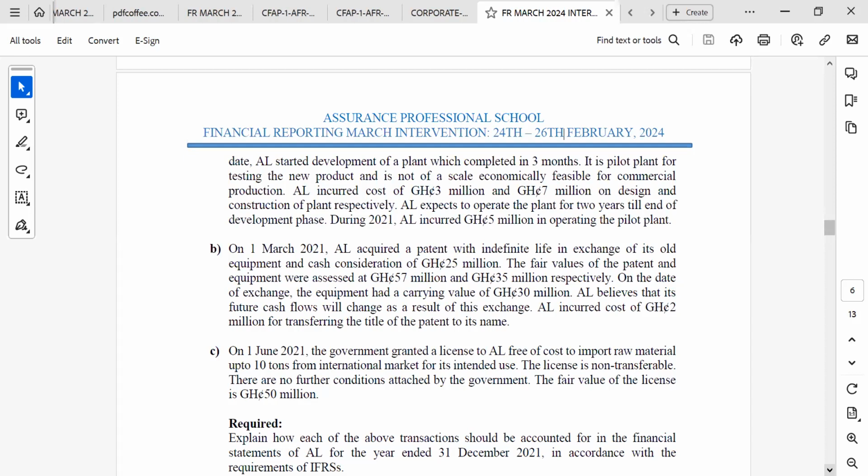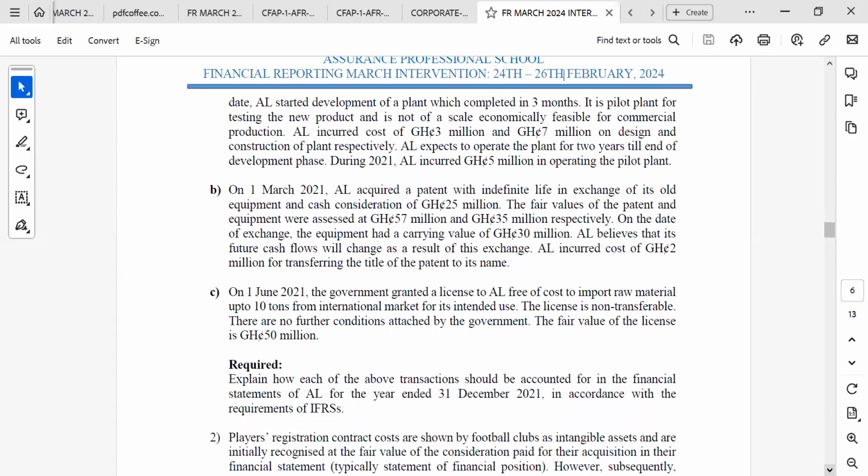The fair value of the license is 50 million cedis. Required: Explain how each of the above transactions should be accounted for in the financial statements of AL for the year ended 31 December 2021 in accordance with the requirements of IFRS.